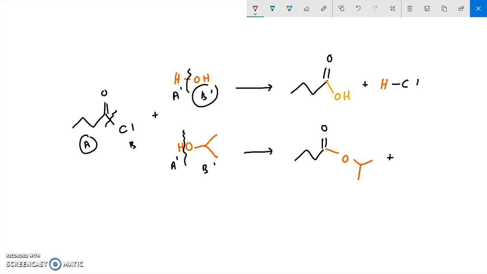The side product will be the hydrogen from the alcohol, which combines with the Cl from the butanoyl chloride. Therefore, at the end of the reaction, you will obtain the compound ester. It consists of the alkyl group R-O, combined with the alcohol part. So the name of the reaction is esterification. Both hydrolysis and esterification have the same mechanism, which is the nucleophilic substitution reaction.